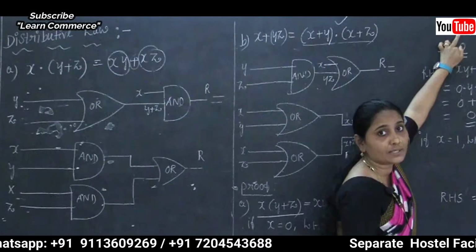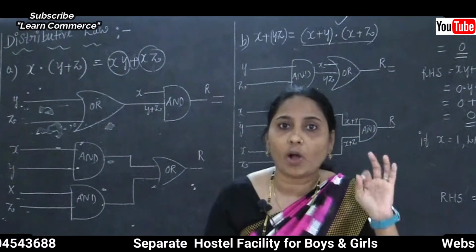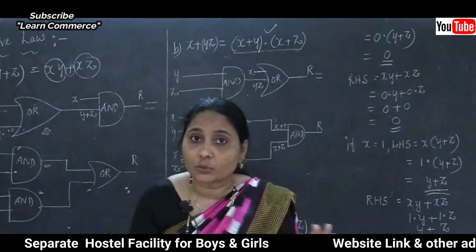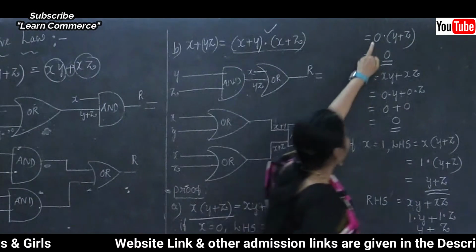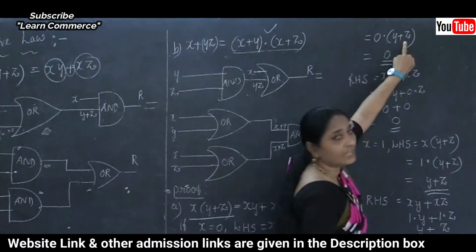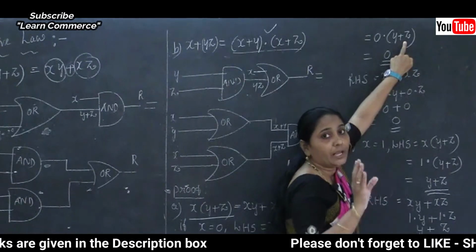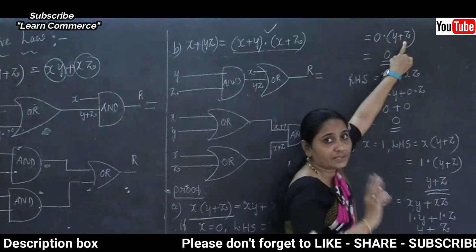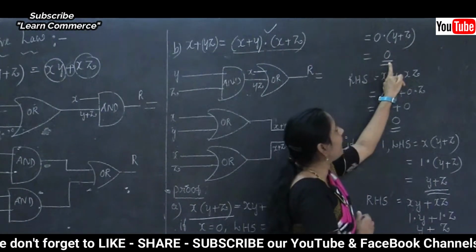Now when you make the multiplication, in between there is a dot symbol. The dot symbol is called the AND operator. Correct? Note the AND operator, and the AND operator is represented as logical multiplication. So 0 and 0, maybe the y plus z value is 0. Just in your imagination you have to take a value for y plus z, maybe it's 0. So 0 and 0, the value will be 0.